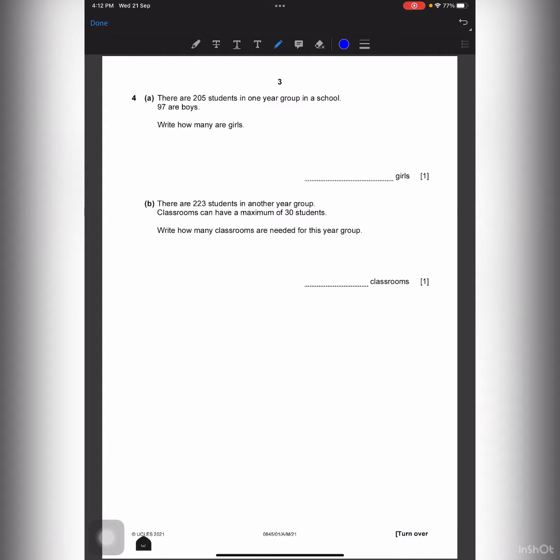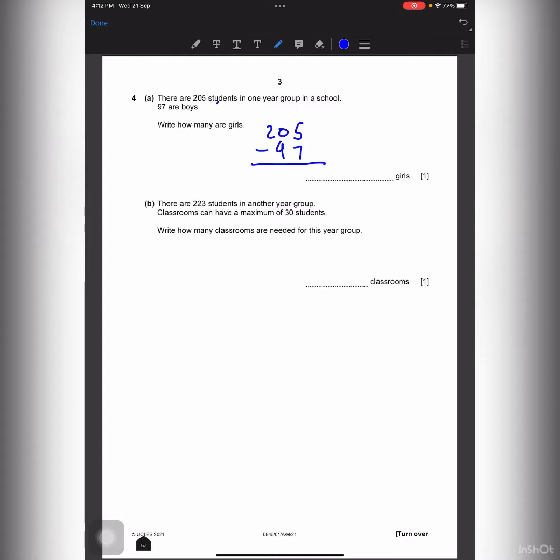There are 205 students in 1 year group in a school. 97 are boys. Write how many are girls. Okay, so what we're going to do is subtract the number of boys from the total number of students. So we're going to subtract 97 and then we will find out our answer.